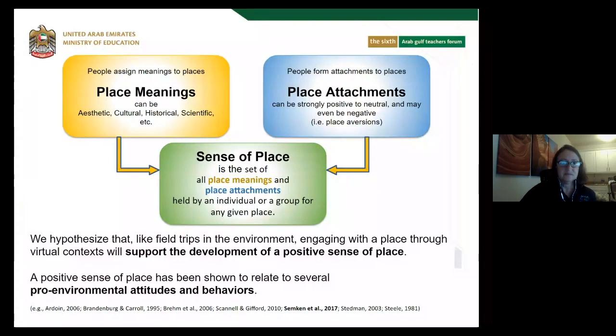So when we think about this idea of place-based education, again, relying largely on the work of Dr. Steve Semkin, who was one of the people on the team that undertook this project, we think about something called place meanings. People assign a lot of different meanings to places. These might be aesthetic, they might find the place beautiful, they might have some cultural significance to a person or to a group.